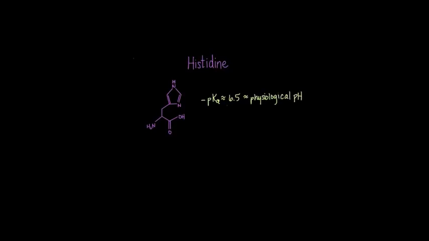So what does this really mean to have a pKa that's close to physiological pH? Well, recall that at a pH below an amino acid's pKa, the amino acid will exist in a protonated or positively charged form. And at a pH above an amino acid's pKa, it will exist in deprotonated form.